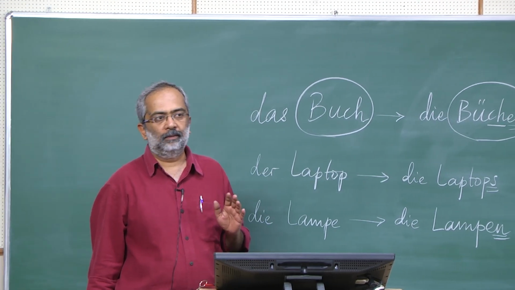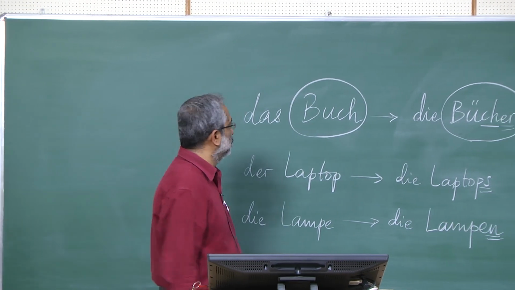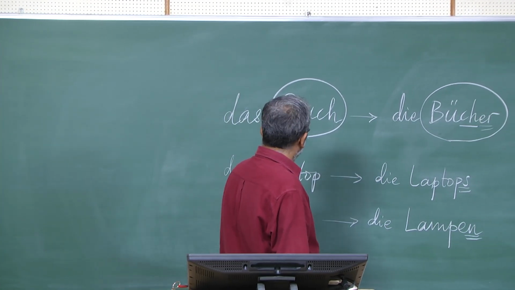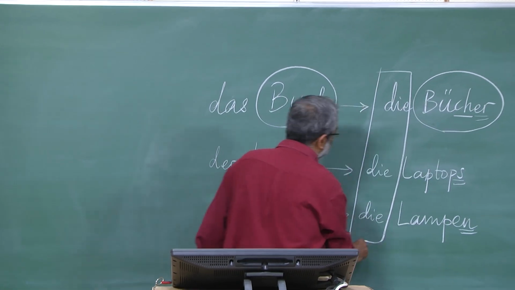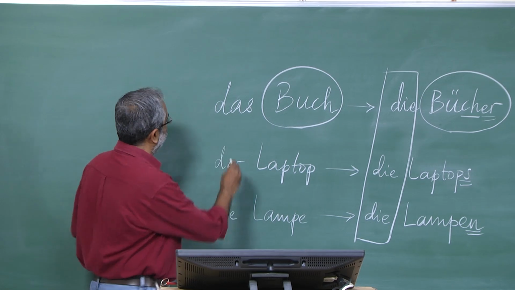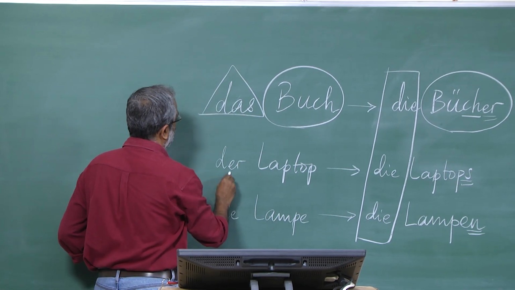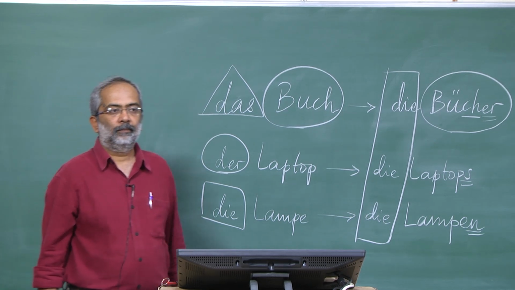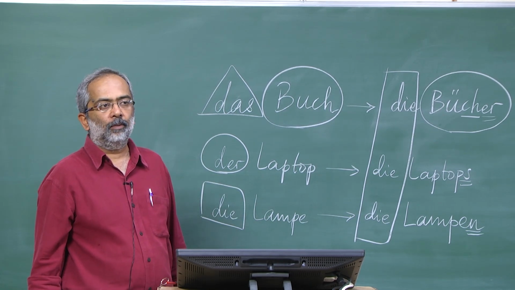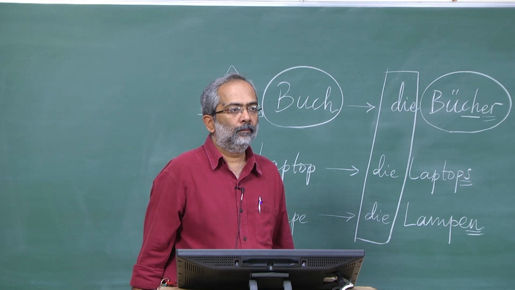What is your observation about this thing we have done? That in the plural, the specific genders are there only in the singular. In the plural itself, what else can you observe? There's no consistent way to form plurals.